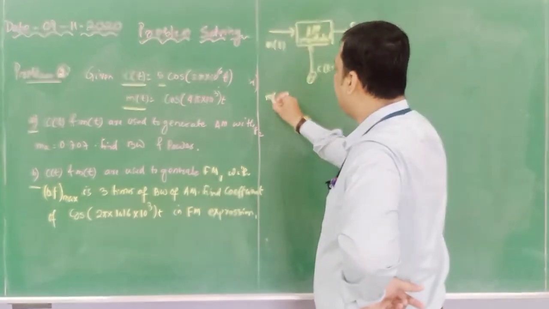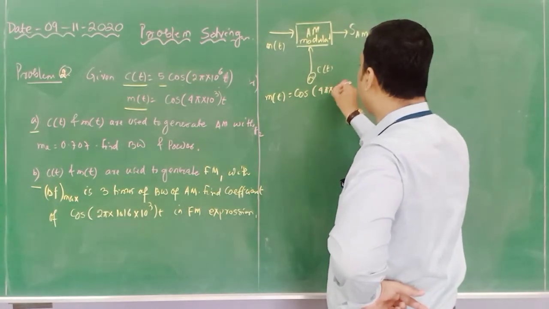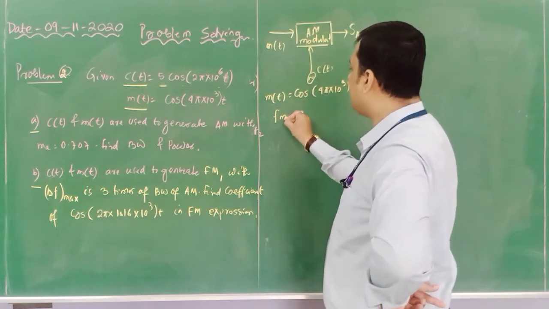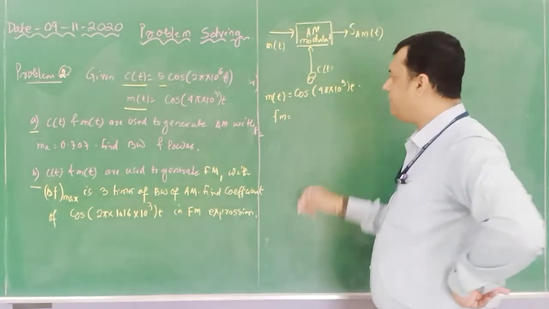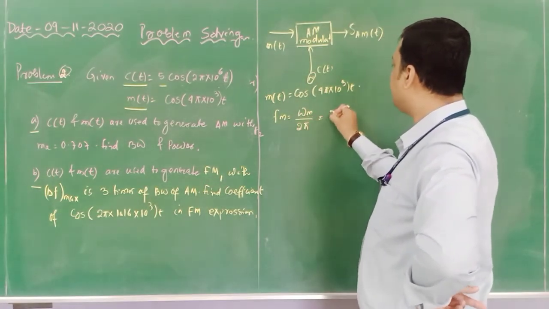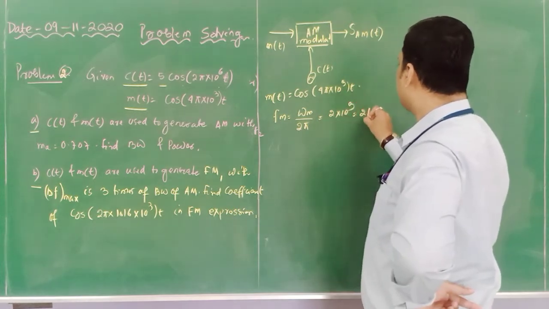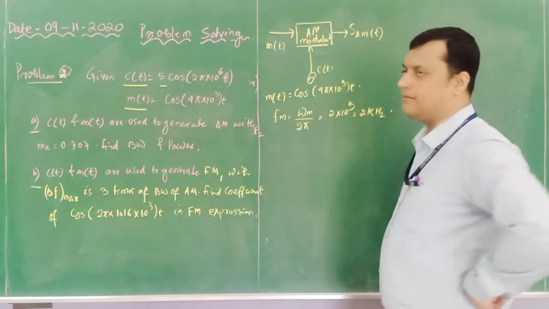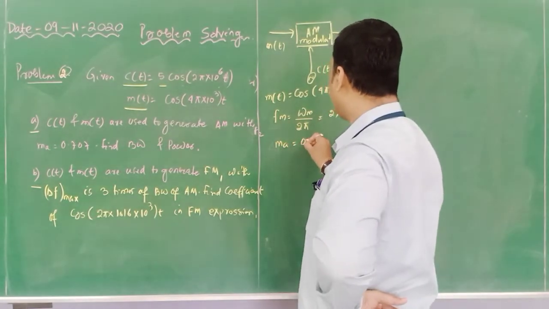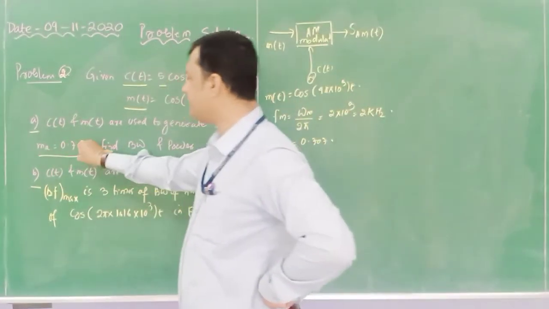Now, as given, the modulating signal is cos of 4 pi into 10 to the power 3 t. From this we can determine fm. fm is omega m divided by 2 pi, so that means it is 2 into 10 to the power 3, or I can say it is 2 kilohertz. Next, the modulation index is 0.707 as specified in this question.